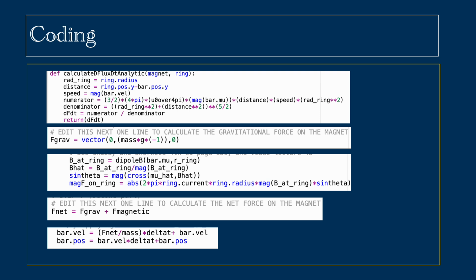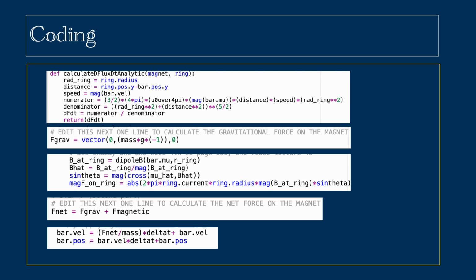We also calculated the flux, and the part that was supposed to be added was the denominator. So here we have the radius of the ring squared plus the distance squared, all to the power of 5 halves. We also added one line to calculate the gravitational force on the magnet.